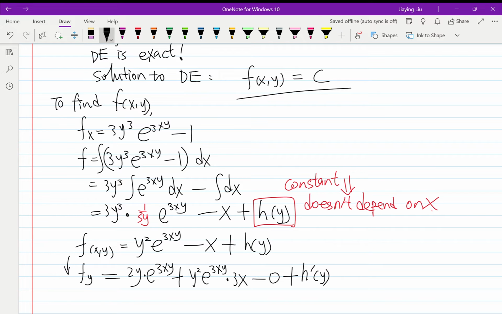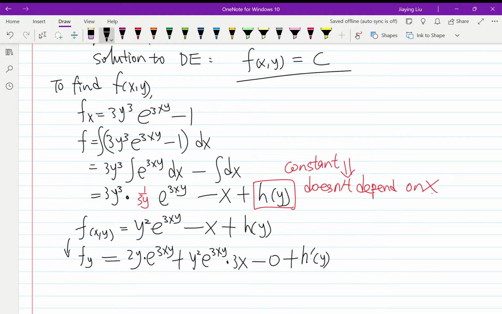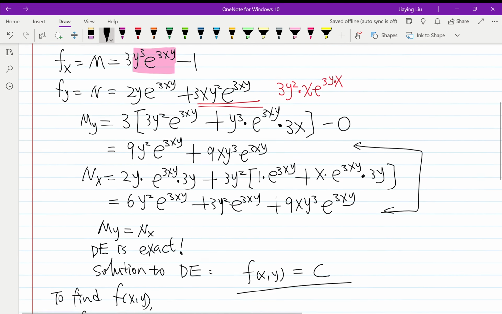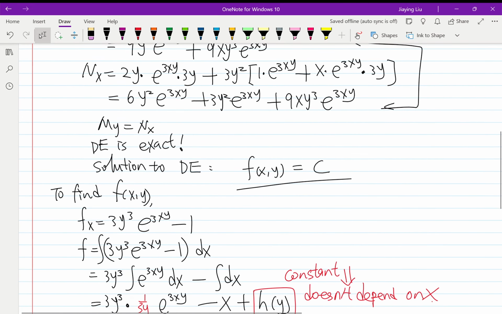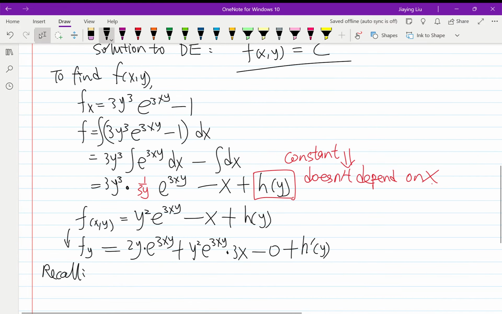That's what we get by taking the partial derivative, but that should be exactly the same as what we had before. So recall that at the beginning when we listed the M and N, we already have this f sub y. I'm just going to copy down what I have.